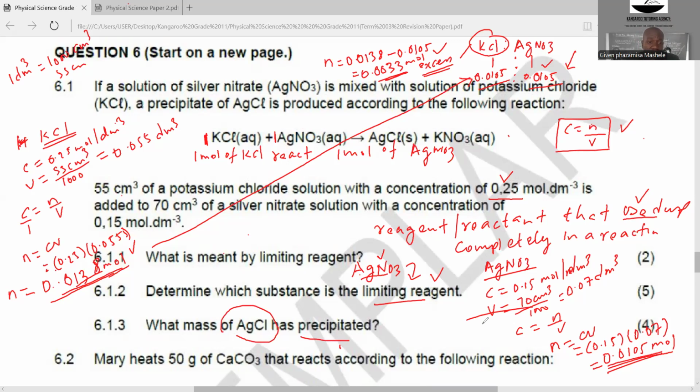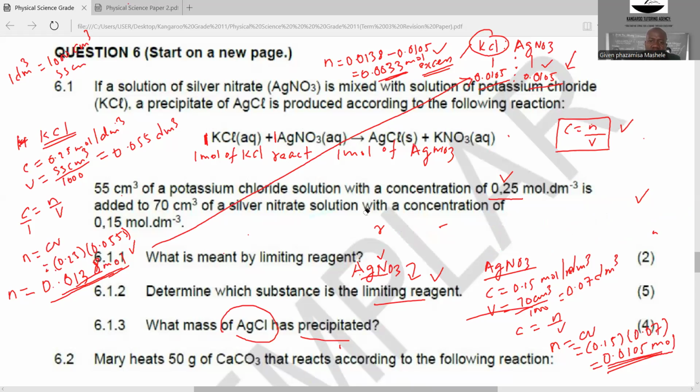And to do that, we're going to say, okay, fine. Let me try to erase some of the things here. Now we know which of the substances is limiting. It's silver nitrate.